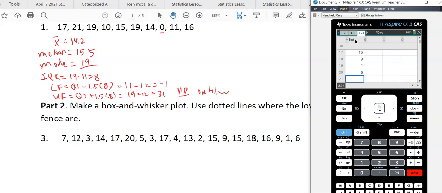See, 1, 2, 3, 4, 5, 6, 7, 20 pieces of data. Just a lot to type in.